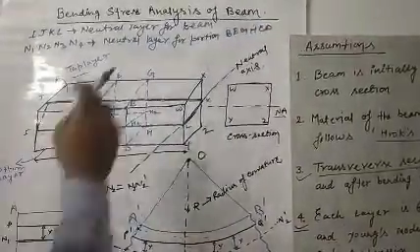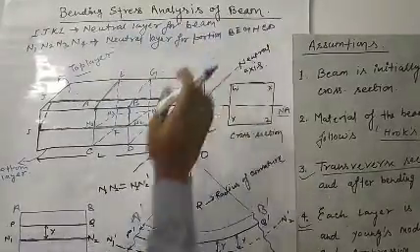N1, N2, N3, N4 is the neutral layer for portion B, E, H, G, C, D.